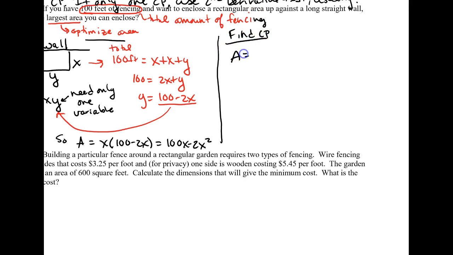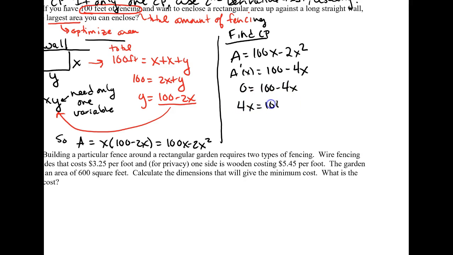Our original function A is 100x minus 2x squared. So the derivative, A prime, would be what? 100 minus 4x. For critical points, I set that equal to 0. So let's solve that. 4x equals 100, so x is 25. There's my critical point, x being 25.